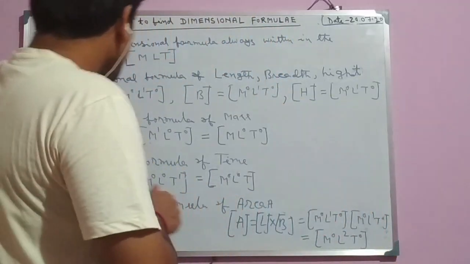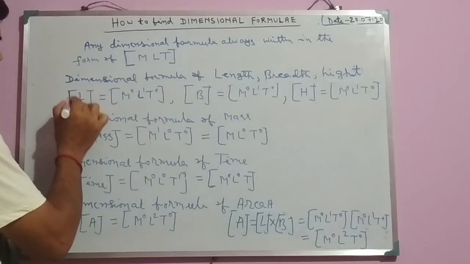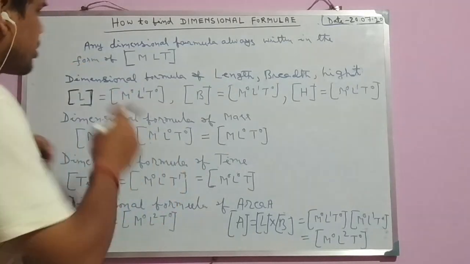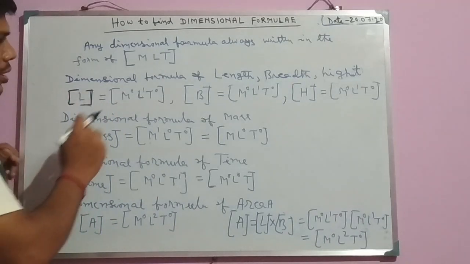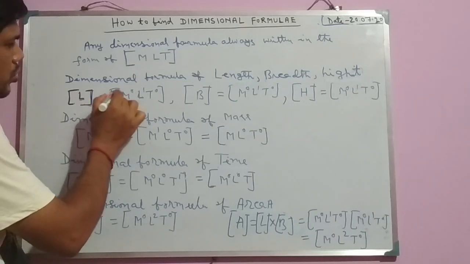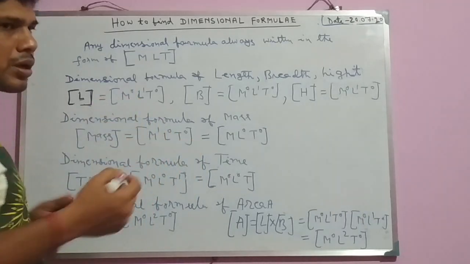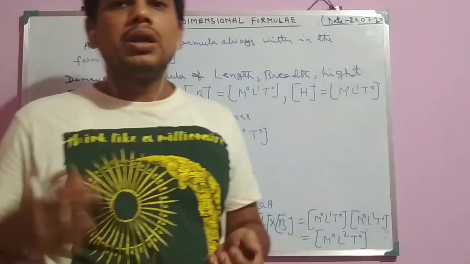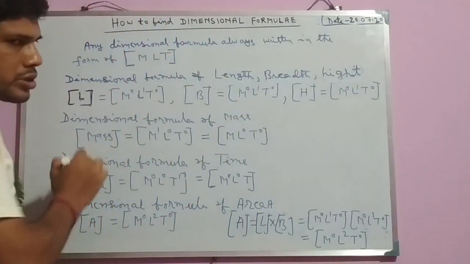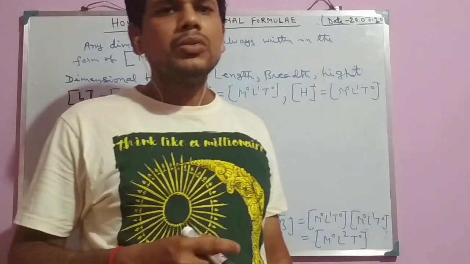So here how can we find the dimensional formula of length? Length is written by capital L, so we have to write within third bracket. Now this reads as dimensional formula of length, which is equal to, we have to write in terms of mass, length, and time, M, L, T. As I already told you, the dimension length does not depend on mass. So within third bracket we can write M to the power 0, as anything to the power 0 always gives you 1.